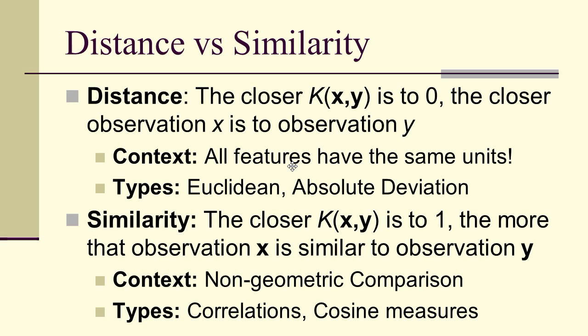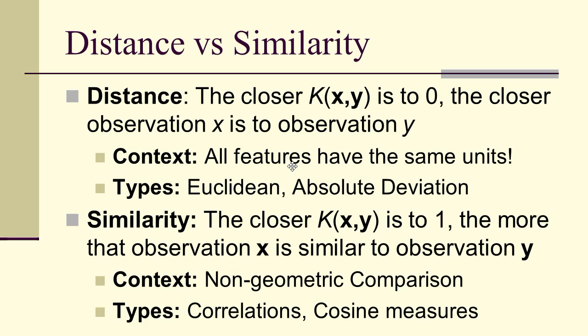Now, let's look at distance versus similarity. Distance: the closer the distance is to 0, the closer an observation x is to an observation y. When we use distance, a very important idea is that all the features have to have the same units. The types of distances we can look at are Euclidean, and also we'll look at absolute deviation.